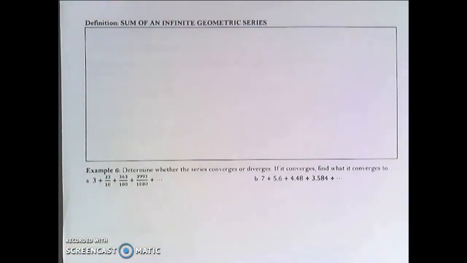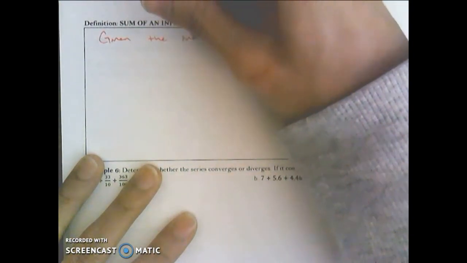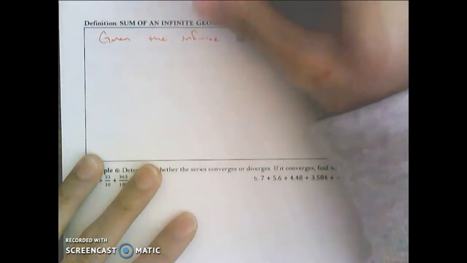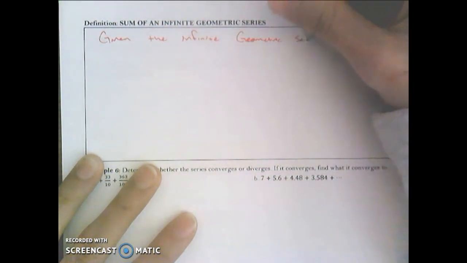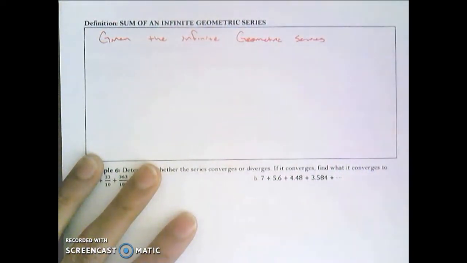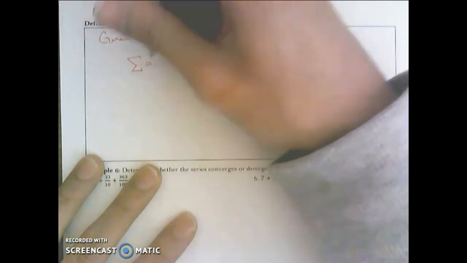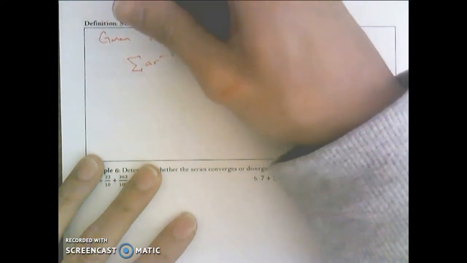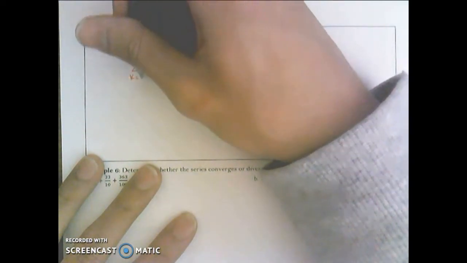And that brings us to the sum of an infinite geometric series. Given the infinite geometric series, I'll go ahead and write that using sigma notation: ar to the k minus 1, where k starts at 1 and goes off into infinity.